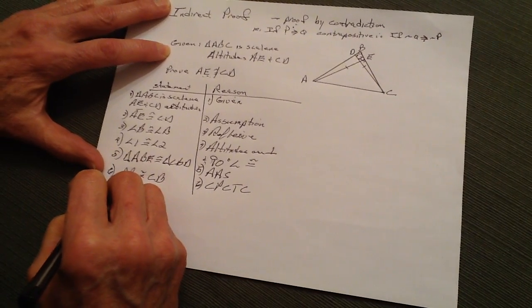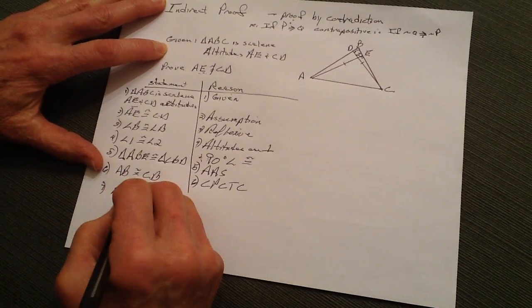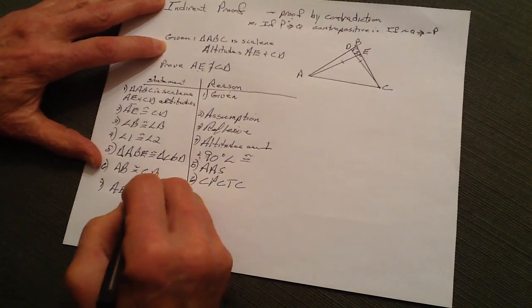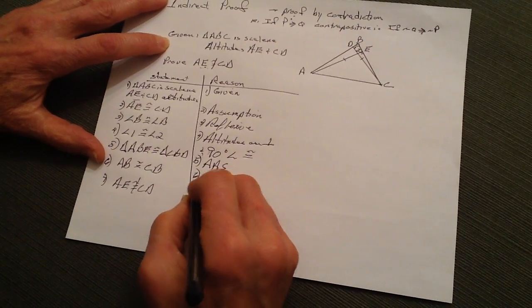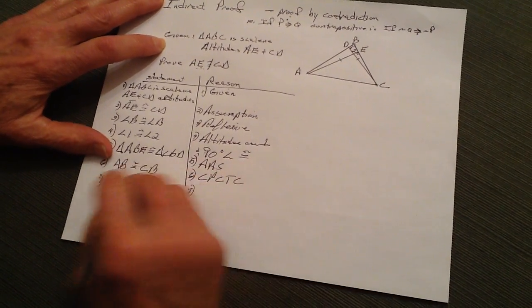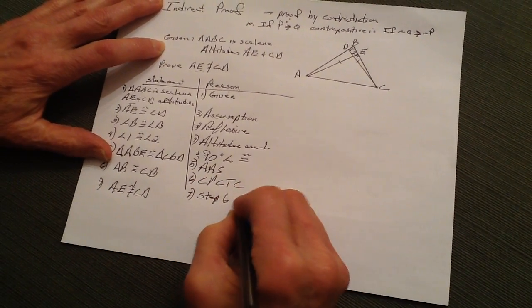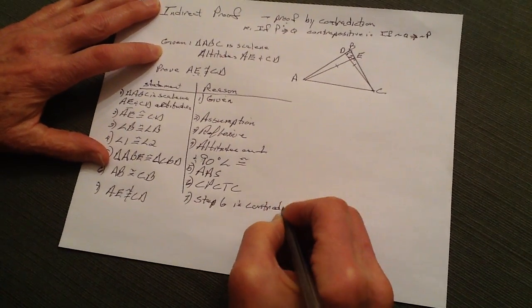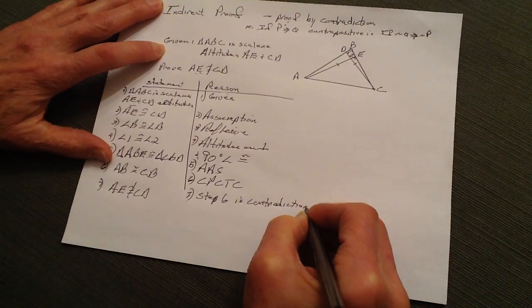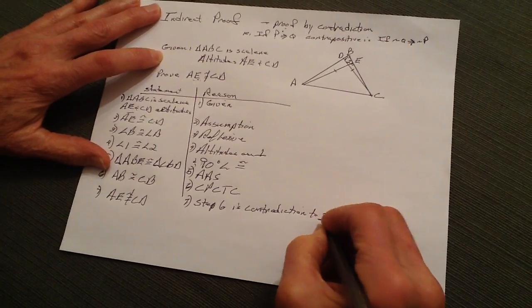Therefore, 7, AE is not congruent to CD, because of the contradiction that we found on step 6, a contradiction to the given.